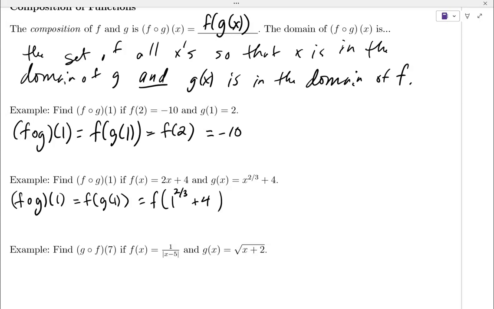So this says do the cube root of 1 and then square it, or square 1 and use the cube root. Either way works. What is the cube root of 1? 1. Squared is 1. Add 4, you get 5. So this becomes F of 5. And then what does this say to do? Yeah, put 5 into the F. And so we get 14.